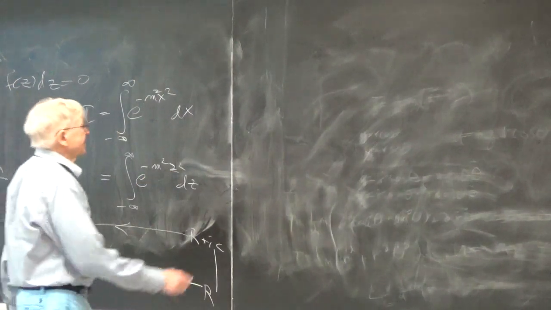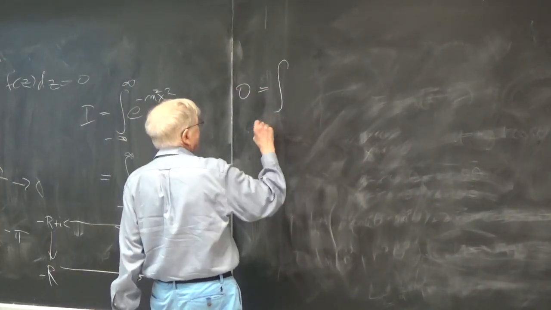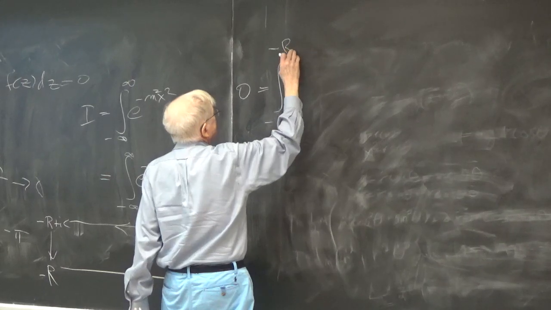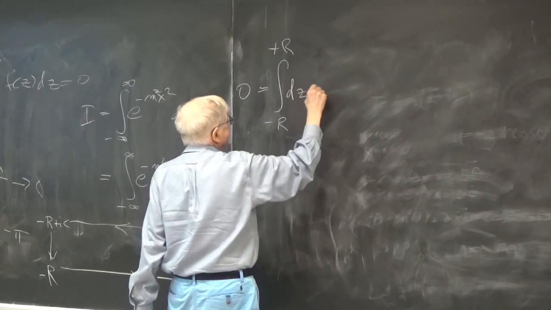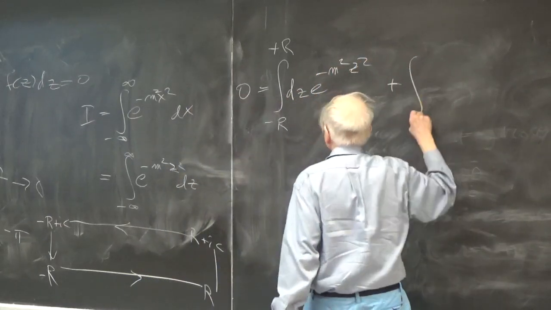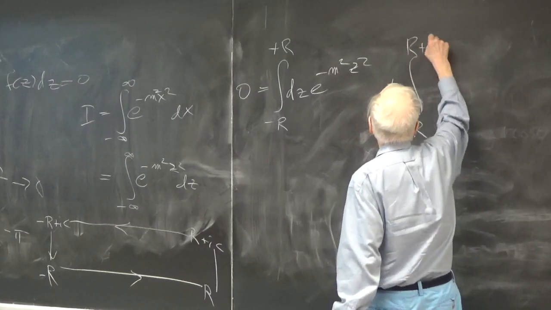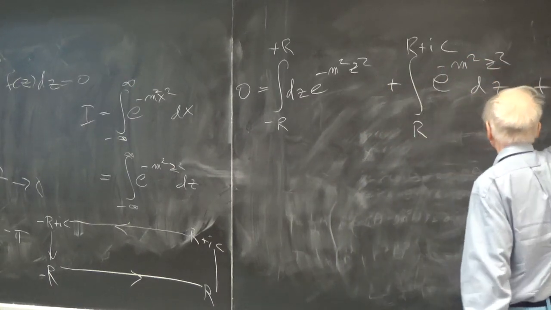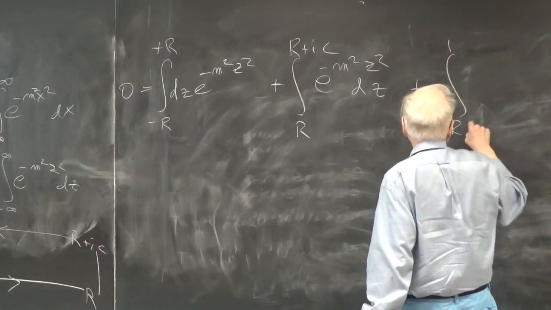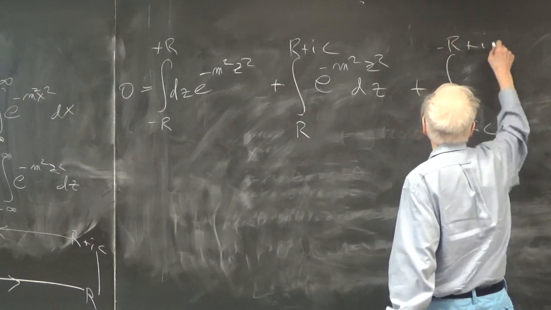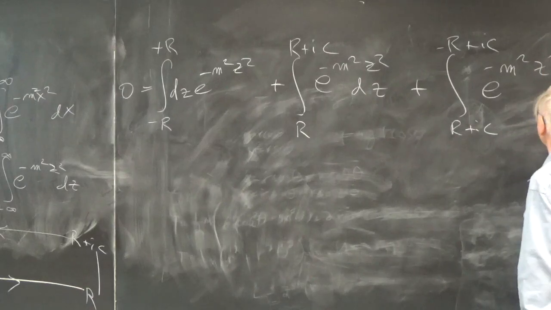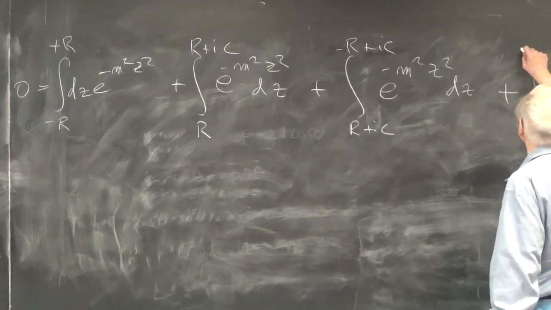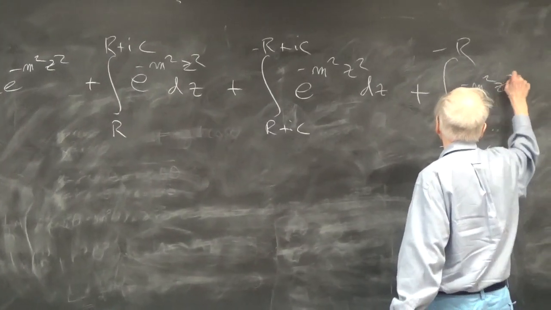And so what we can say then is that 0 is the integral from minus r to plus r, dz e to the minus m squared z squared, plus an integral from r to r plus ic of e to the minus m squared z squared dz, plus an integral from r plus ic to minus r plus ic of e to the minus m squared z squared dz, and then plus this final amount, which is an integral from minus r plus ic to minus r of e to the minus m squared z squared dz.